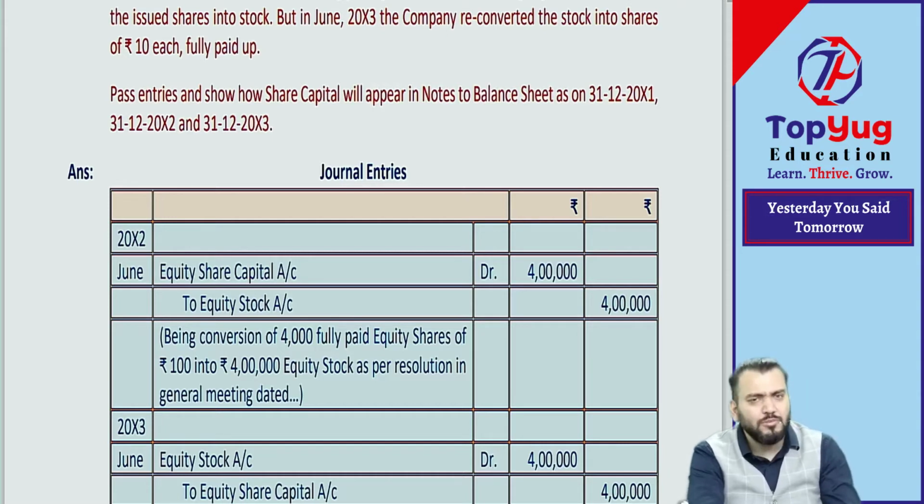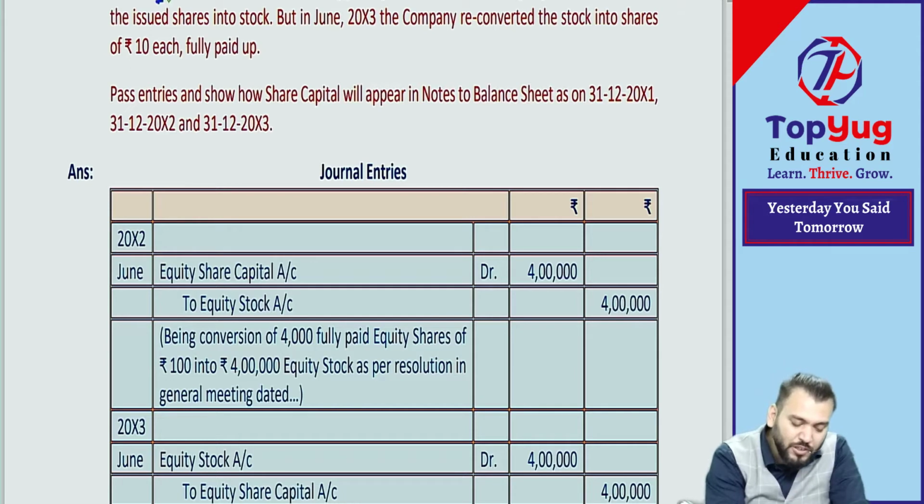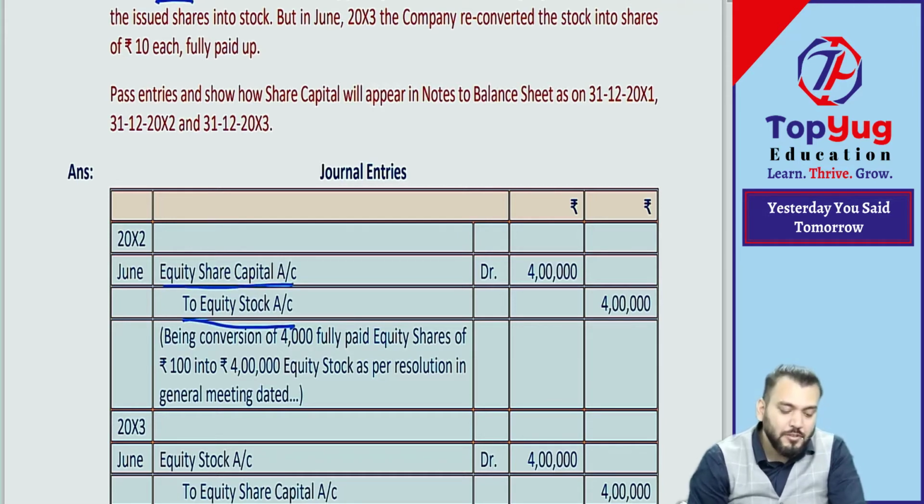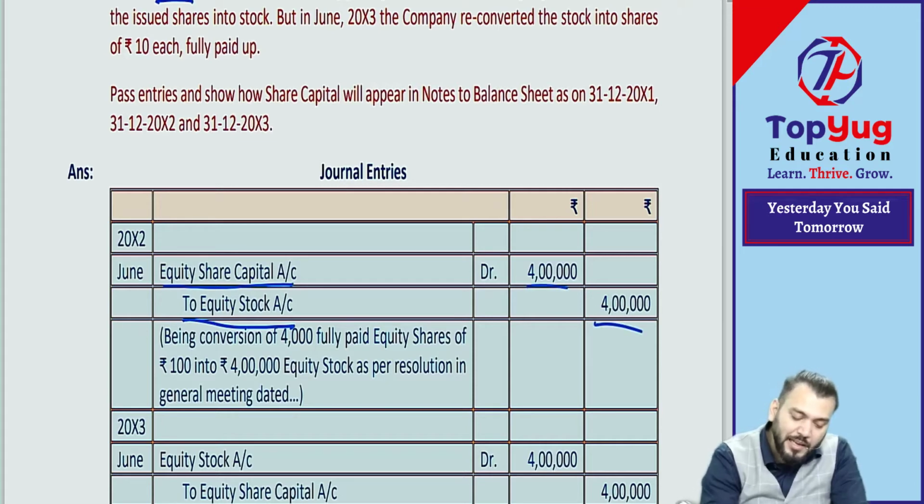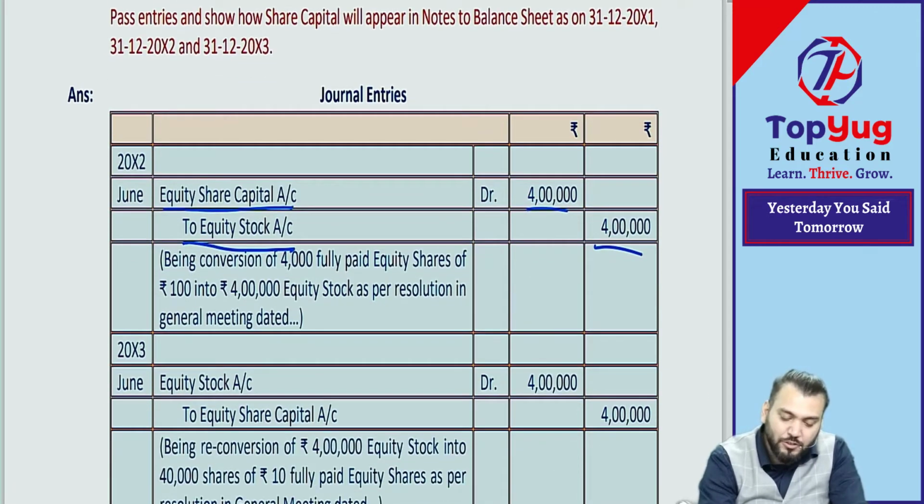I will not do it, it is given in the solution only, you can understand. If 4,000 shares we have initially converted into stock, so what journal entry? Equity share capital to equity stock account. What is the amount? 4,000 into 100 means 4 lakh. And again that is reconverted into shares, but shares of rupees 10 each now. Initially it was shares of rupees 100 each.